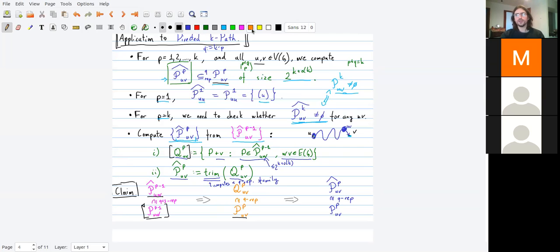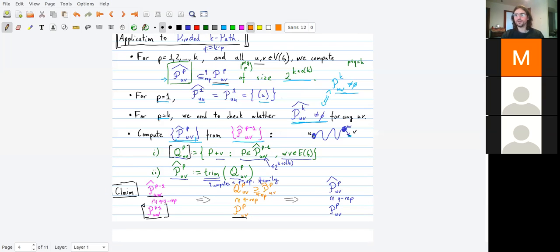And then at the end, we computed a q-representative subfamily P hat. Here we computed P hat that is q-representative, and you can easily see that q-representation is transitive.